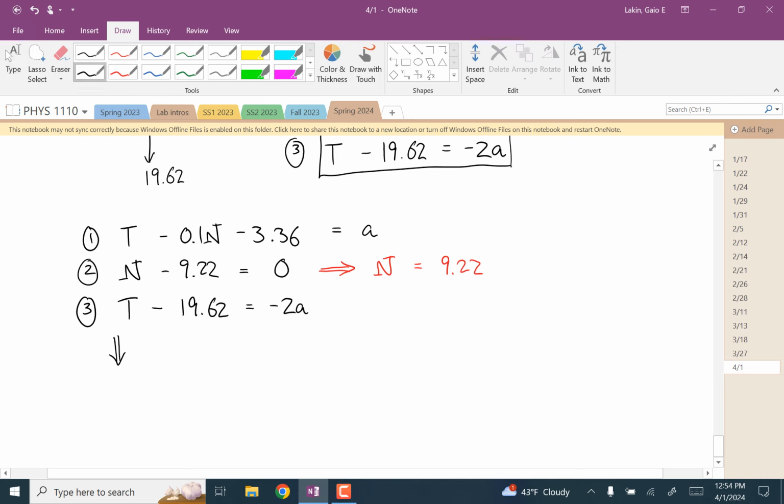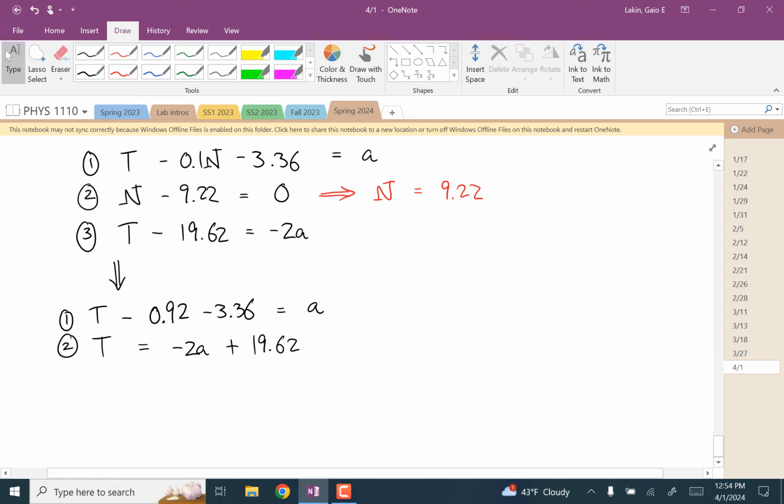So now we have T minus 0.1 times 9.22 is 0.92, minus 3.36 is equal to a. And the second equation says T, I'll write it as equal to negative 2a plus 19.62. Now substitute equation 2 into equation 1.